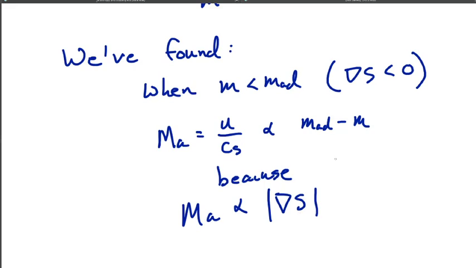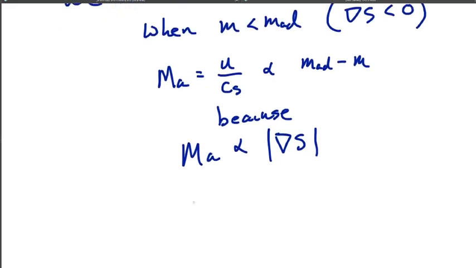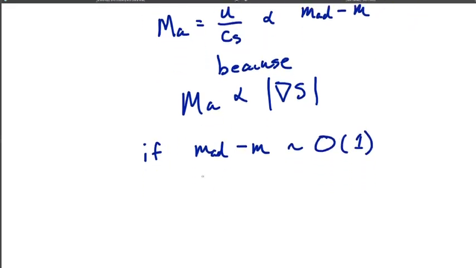And when gradients of entropy are very small, then the Mach number is small. So if m adiabatic minus m is an order 1 quantity, then typically your Mach number is also an order 1 quantity.